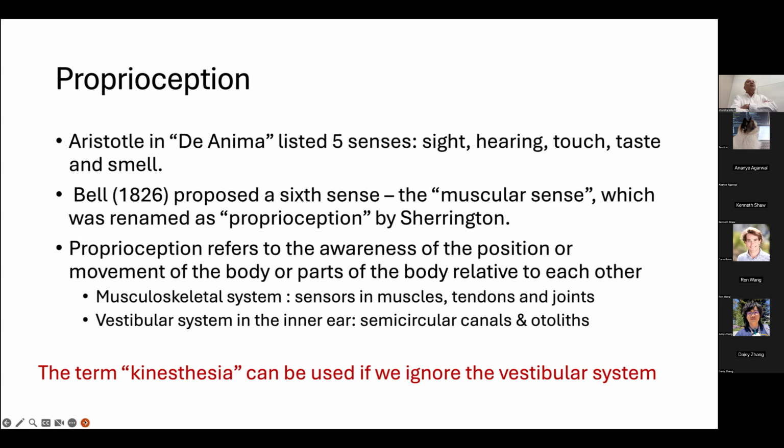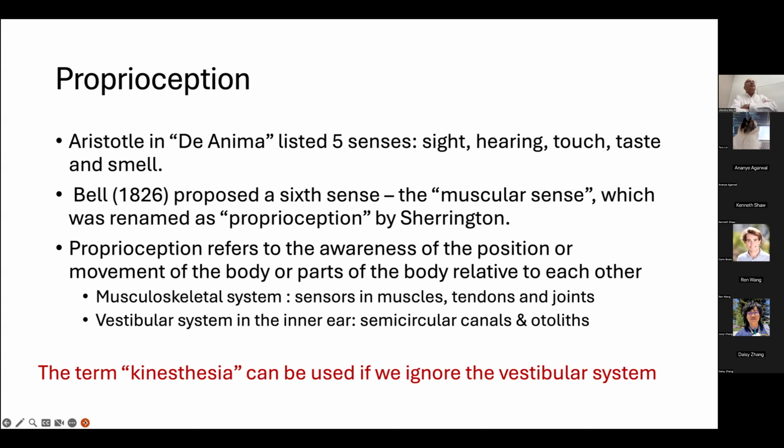In my next slide, I'm going to give you a figure. And then there is the vestibular system. The vestibular system is in the inner ear, and this is what accounts for your so-called sense of balance.